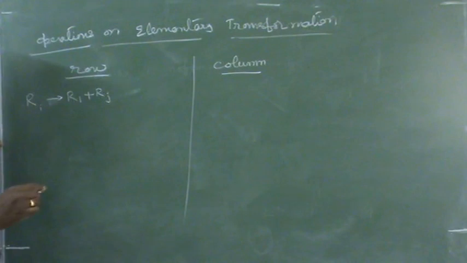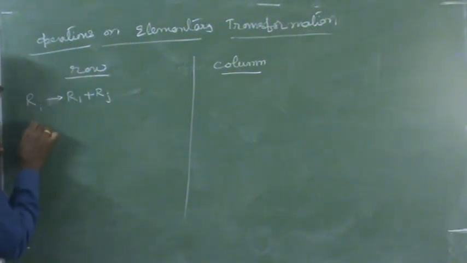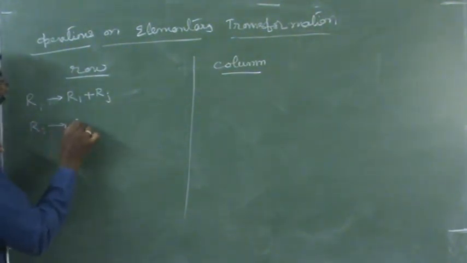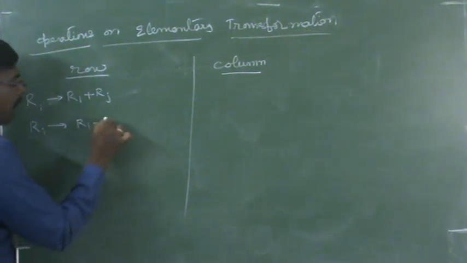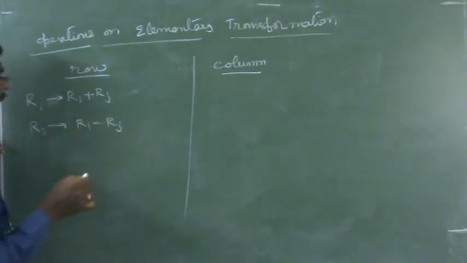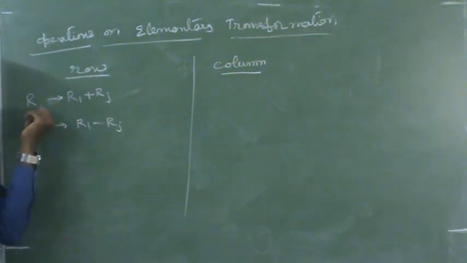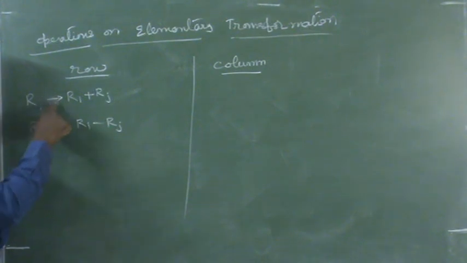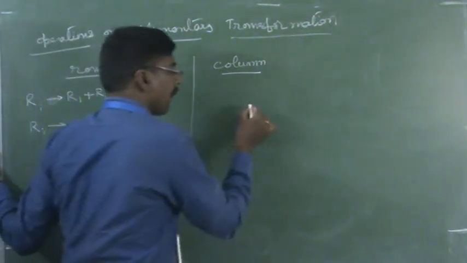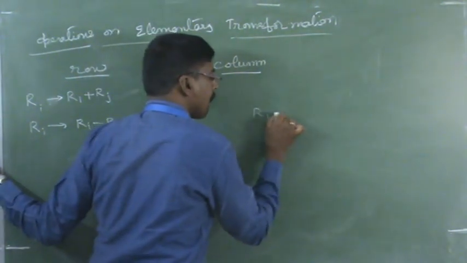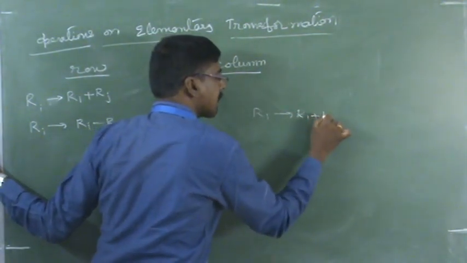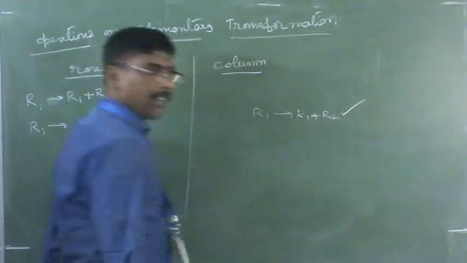Very important. Similarly, Ri can be written as Ri minus Rj, where i and j can be 1, 2, 3. For example, Ri plus Rj means in some place we can write R1 tends to R1 plus R2, which exists while solving the problem.